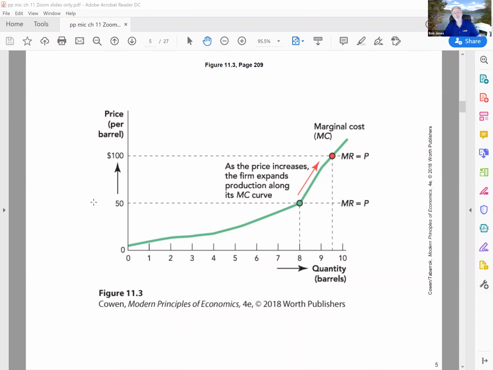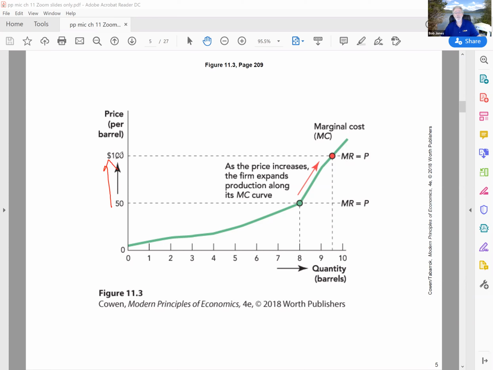What this is also saying, though, is what if the price goes up? It was 50, goes up to 100. That would be because of something happening in the world market for oil. Maybe demand increased or supply decreased.